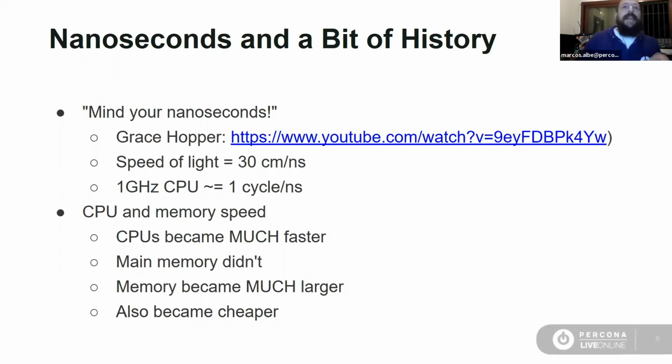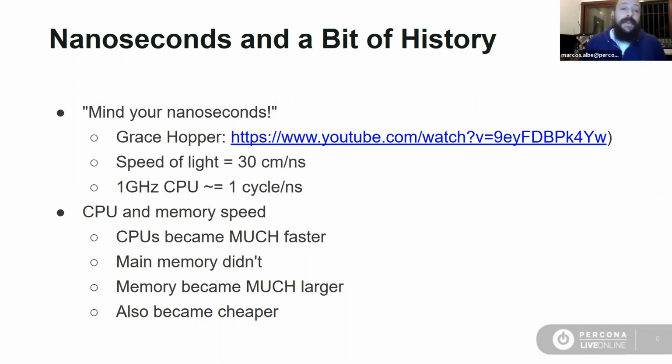This is a story about nanoseconds. All memory performance is about nanoseconds, so we're gonna be referring to many figures which are measured in nanoseconds. You should take a look at this video from Grace Hopper, where she explains that we are bound by the speed of light in computers, and that the maximum distance light can travel in a nanosecond is 30 centimeters.